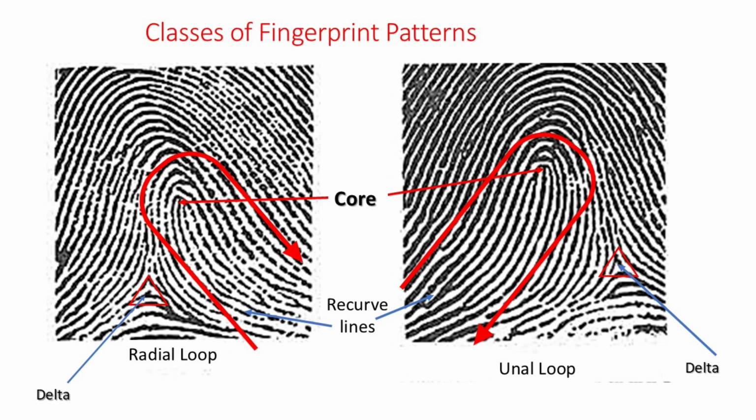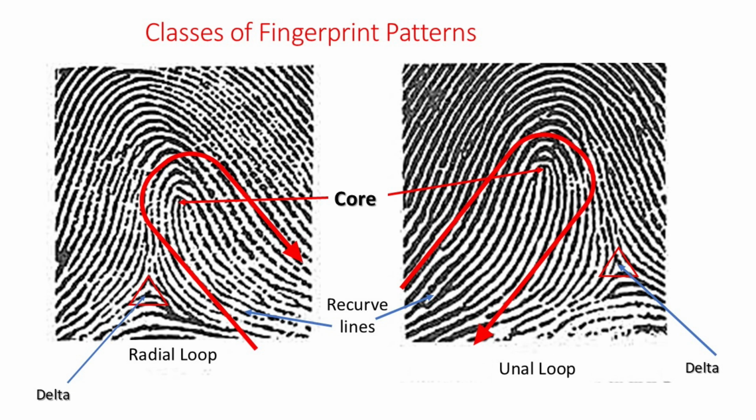The core is assumed to be the center of the whole lines. So all the lines around this core are known as the innermost recurve. These are innermost recurves.